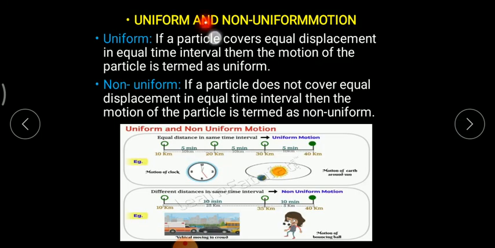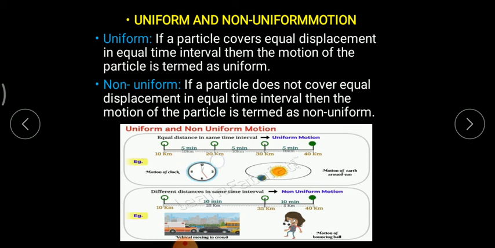Now, uniform and non-uniform motion. Uniform motion means if a particle covers equal distance in equal intervals of time, we say it is a uniform motion. For instance, in this picture, if an object is moving from point A to point B, the distance from A to B is, say, 10 kilometers. The object is covering that distance in 5 minutes.